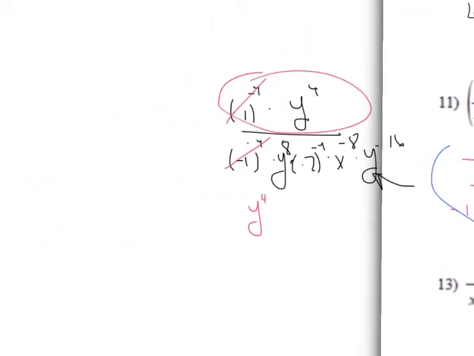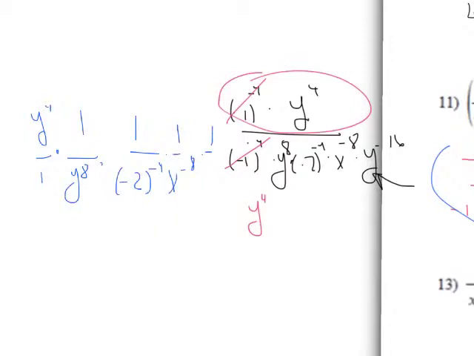So now let me spread this one out a little bit more just so that it's a little clearer. I'm going to go ahead and write these as fractions. So the top is y to the 4th over 1 times 1 over y to the 8th times 1 over negative 2 to the negative 4th times 1 over x to the negative 8th times 1 over y to the negative 16th. Okay?